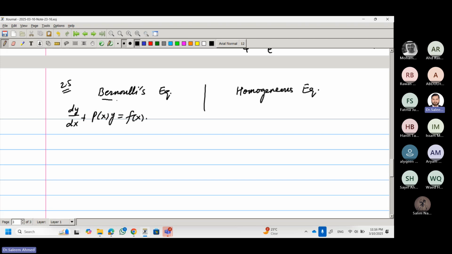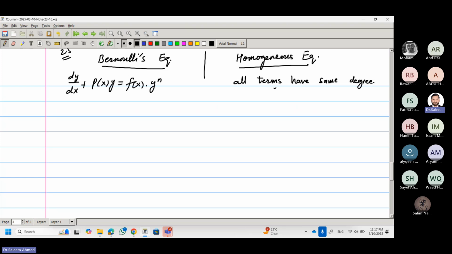But for Bernoulli's equation, we have y to some power on the right hand side. And in a homogeneous equation, all terms have the same degree.